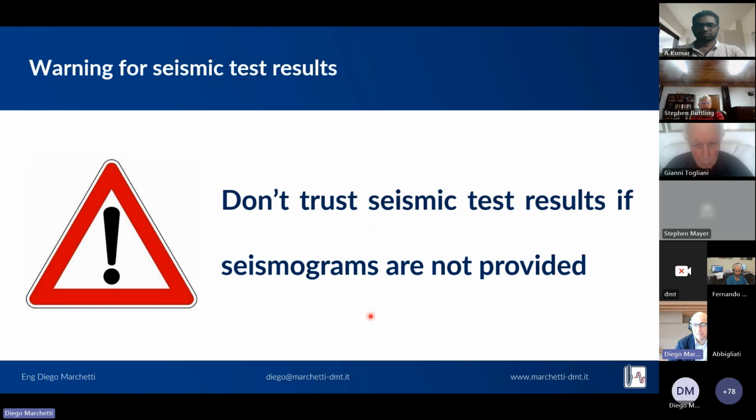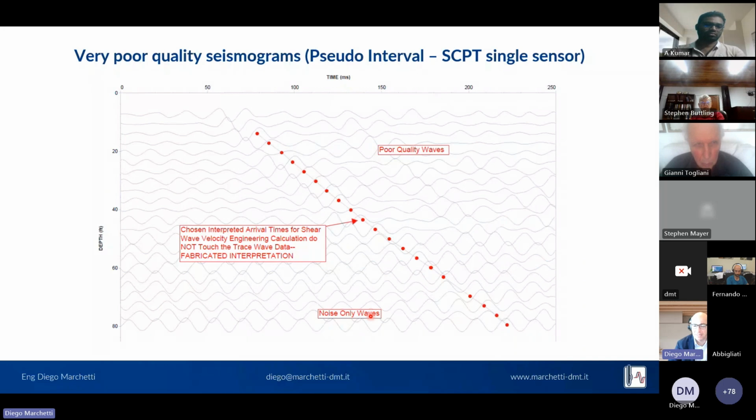Don't trust seismic test results unless you look at the seismograms. If you receive something like this, which I received from a confidential email that I may not share with you, the sender commented how poor the quality of these seismograms is, and also how the arrival times were chosen in an arbitrary way, with, in his opinion, a fabricated interpretation of the shear wave velocity.